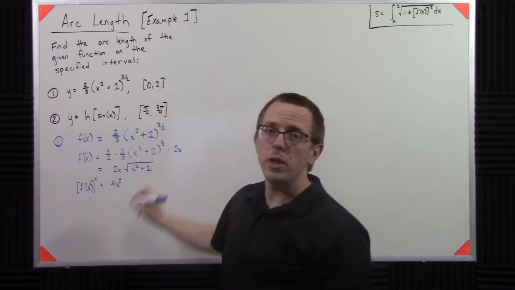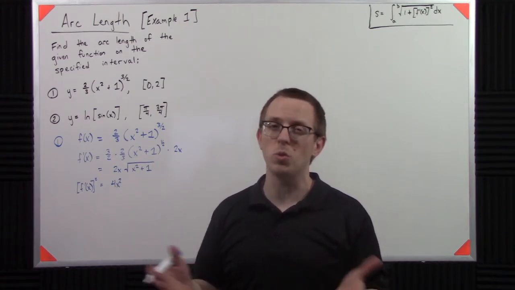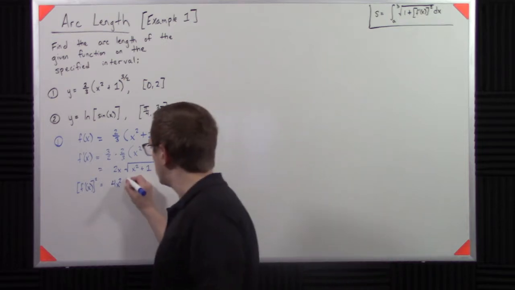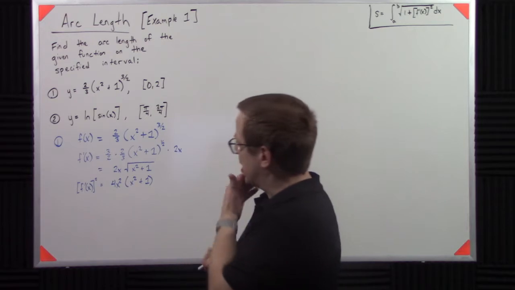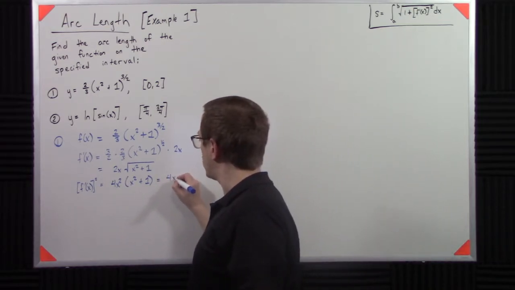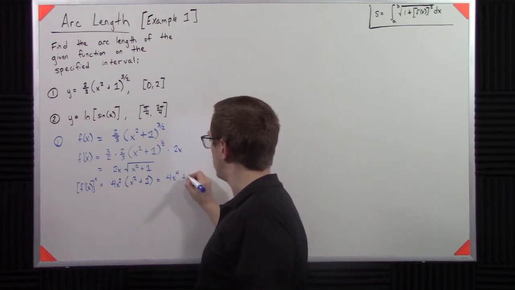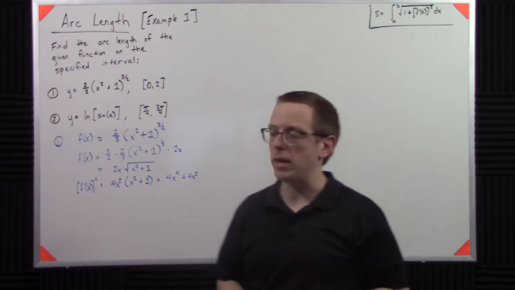And when we square this, we're actually going to get the absolute value of x squared plus 1, but x squared plus 1 is always positive, so it doesn't matter. So we end up with x squared plus 1. I'm going to rewrite this as 4x to the 4th plus 4x squared. That's how I prefer to write this.